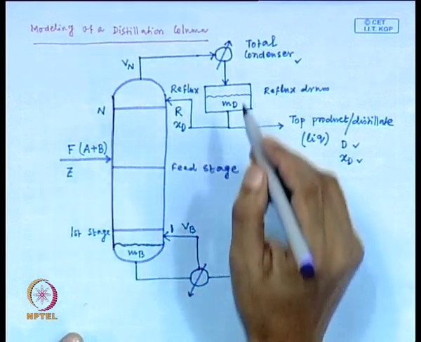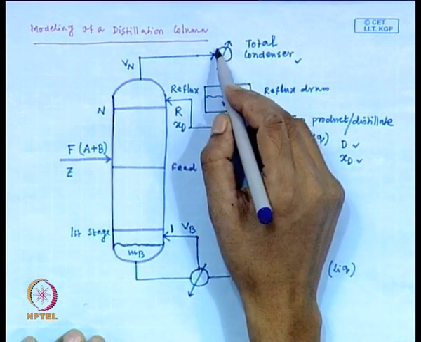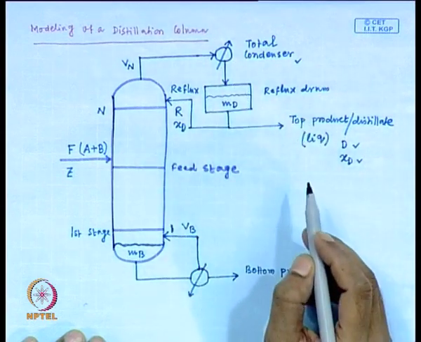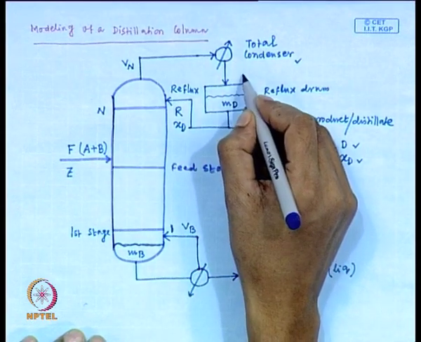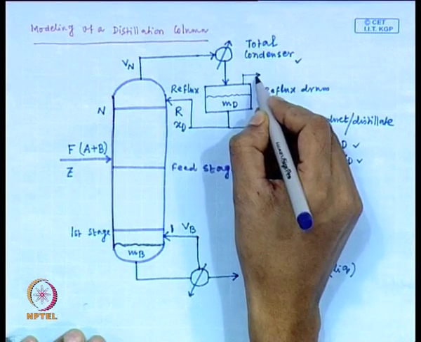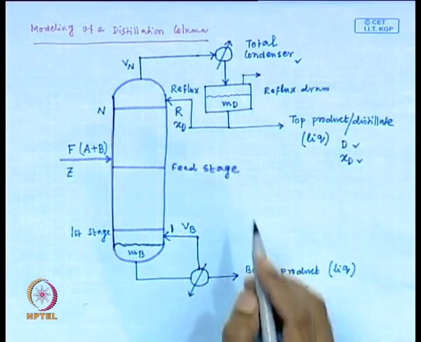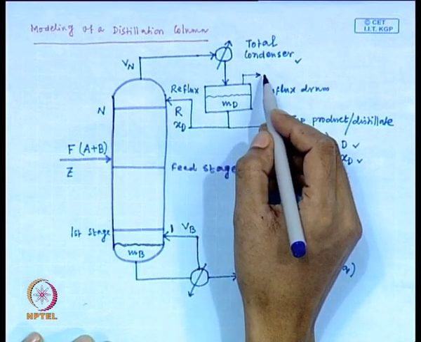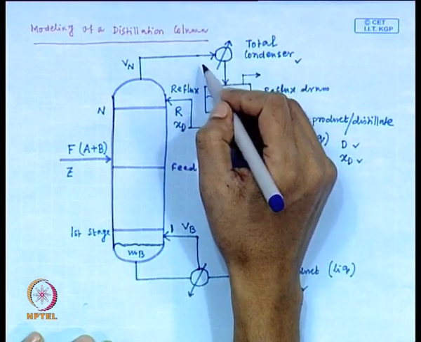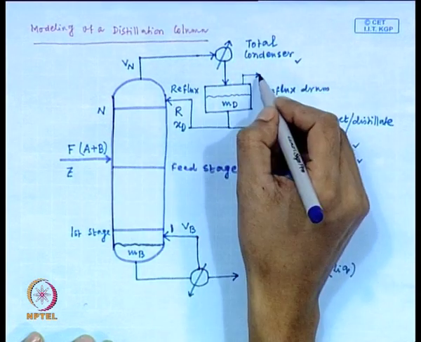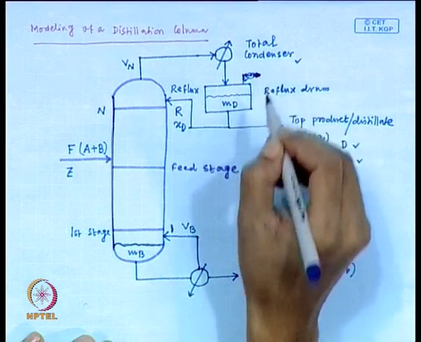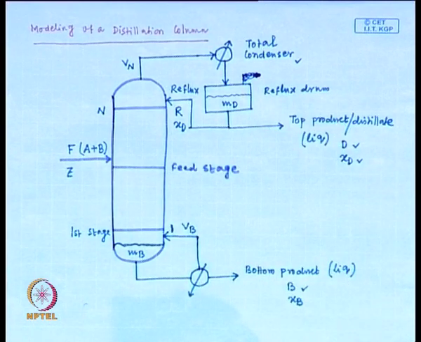We can call this condenser a partial condenser when there is an overhead vapor distillate involved. But here we are considering it is a total condenser. So, there is no overhead vapor withdrawal. Fine. So, this is all about the description of the distillation operation.